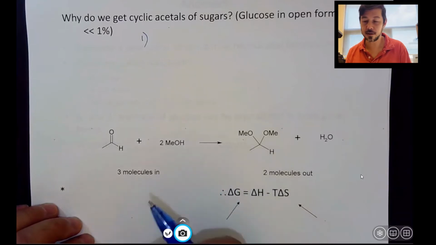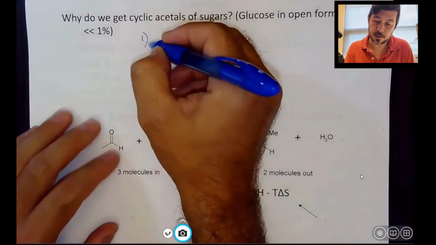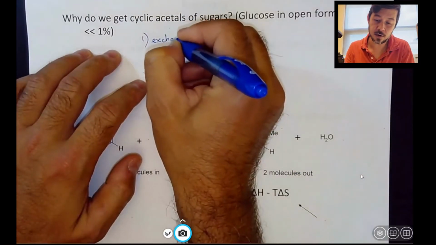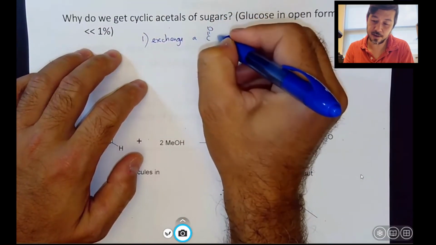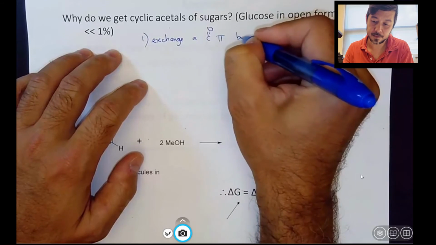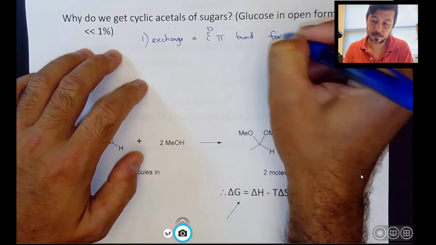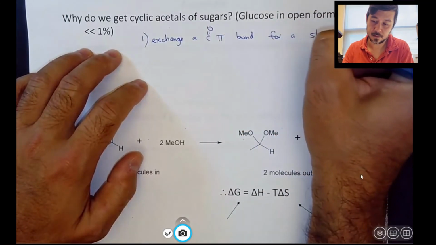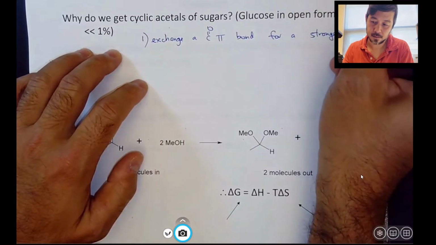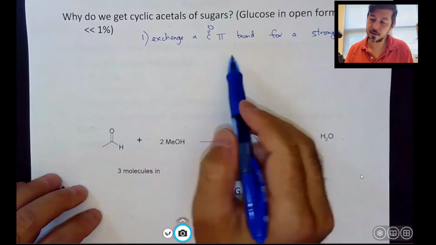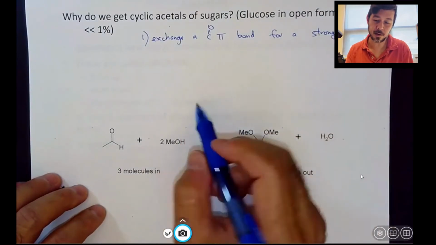So pi bonds are not as strong as sigma bonds. So if you can get a stronger bond, that's more energetically favorable.